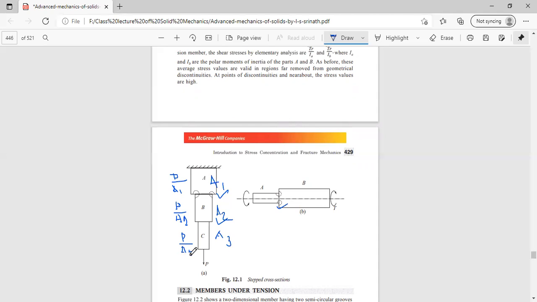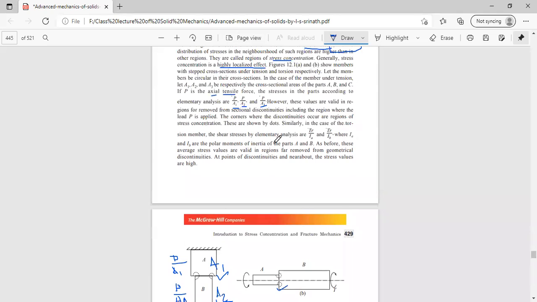These values are valid in regions removed from the sectional discontinuities, including the region where the load P is applied.